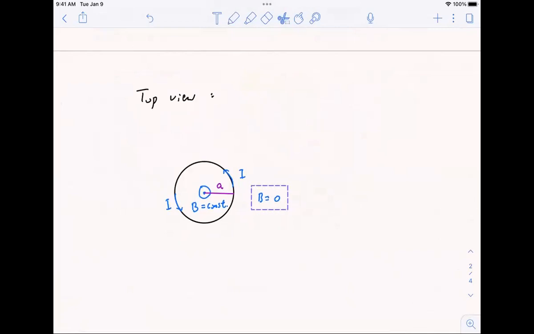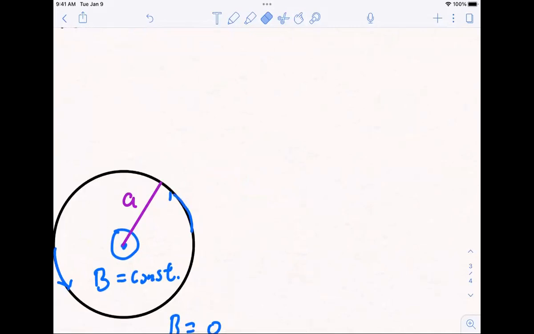Okay, so now let's consider any point r. Let me define the coordinate first.